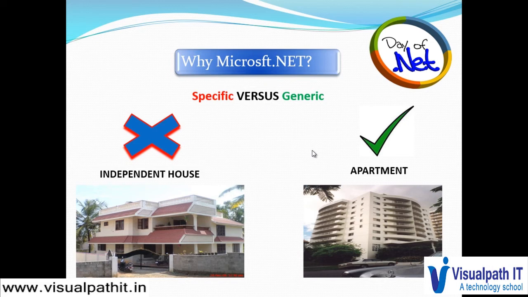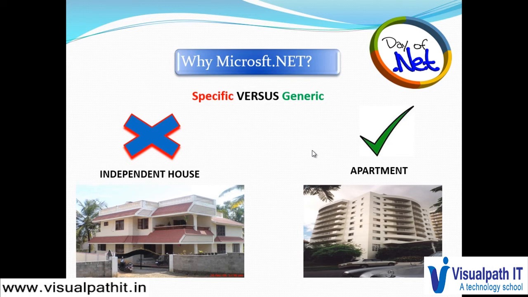If I look into an independent house, the resources like a glass, a dining table, a television, and a rich family might have a swimming pool or a gym. Every resource, small to big, is confined or specific to only one single family.